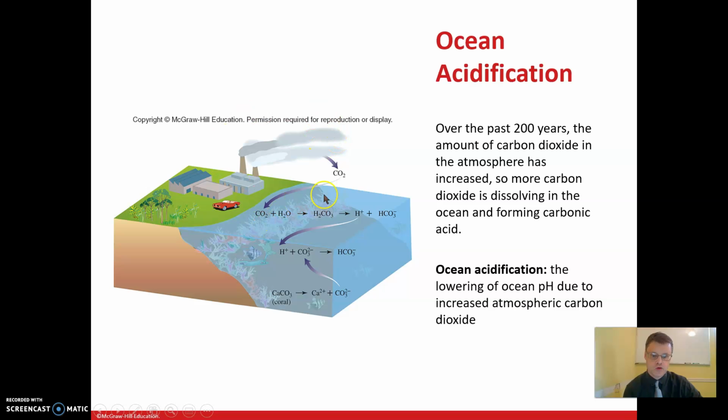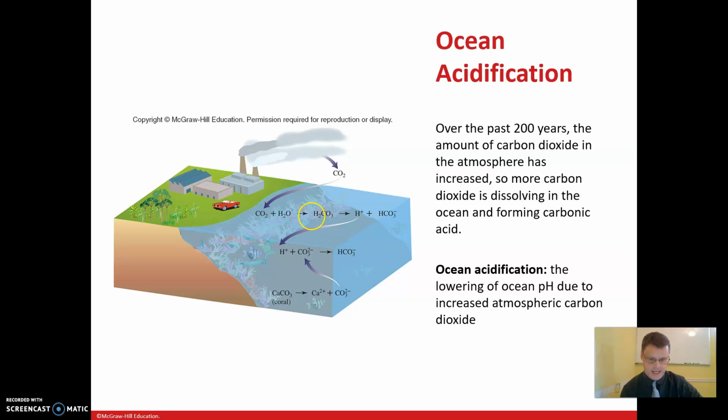As we increase the amount of CO2 in the atmosphere, that increases the amount of CO2 that dissolves in the ocean. That reacts with the ocean water to form carbonic acid, which then dissociates to form H+ ions and HCO3- ions. So as we increase the concentration of H+ in the ocean, that makes it more acidic, with a lower pH.